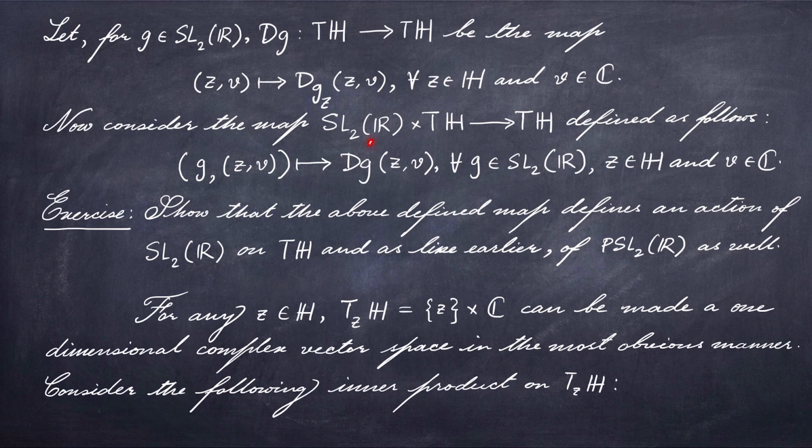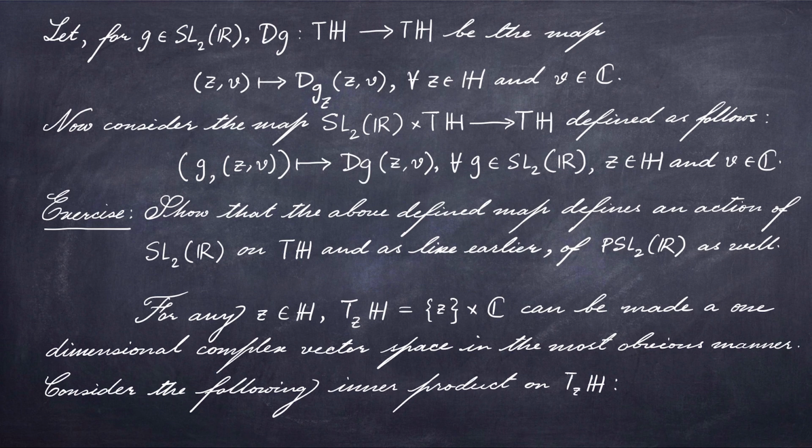Given a pair G and an element from the tangent space Z comma V, it sends this pair to DG of Z comma V, where DG is defined like this. So what is this ultimately? This is nothing but G comma Z comma V goes to GZ comma V by CZ plus D whole square, where G is A, B, C, D. Okay. All right.